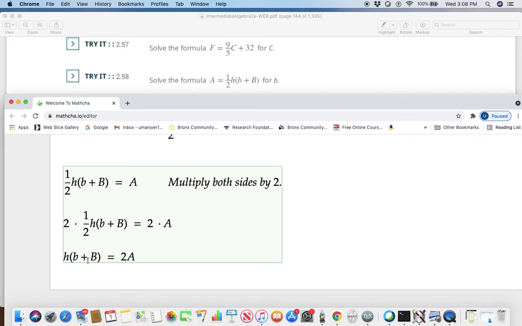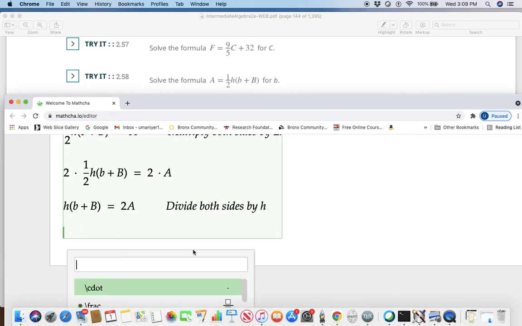Remember you want to solve for little b. So you can get rid of this h outside. h is multiplying the parenthesis, so the opposite of that is divide. Divide both sides by h.